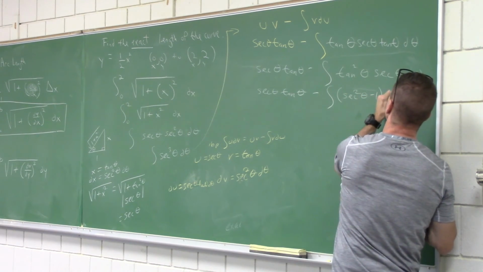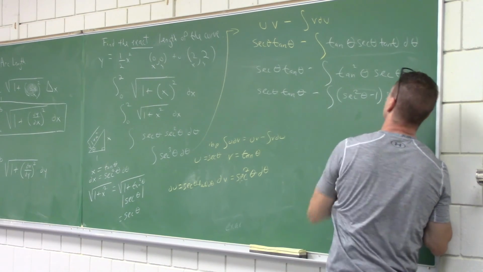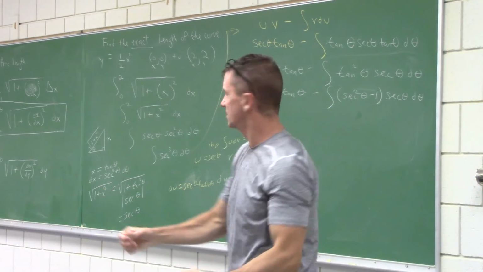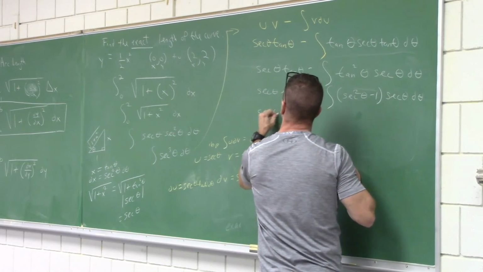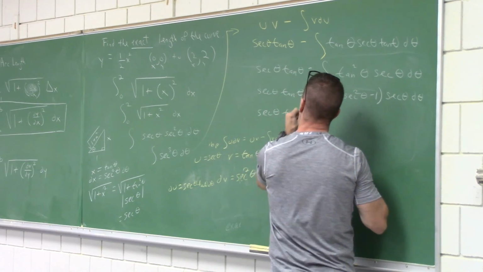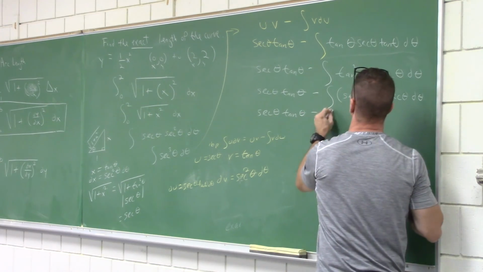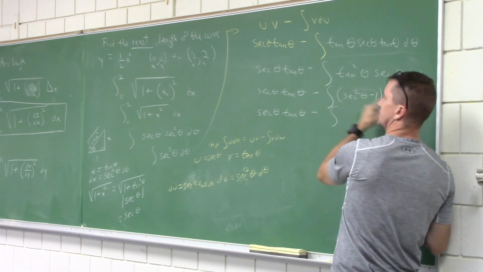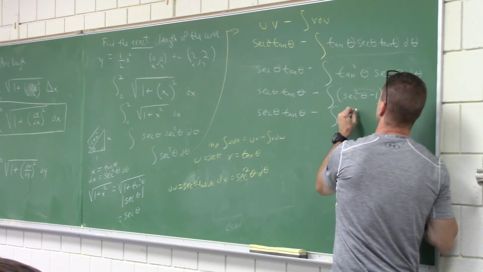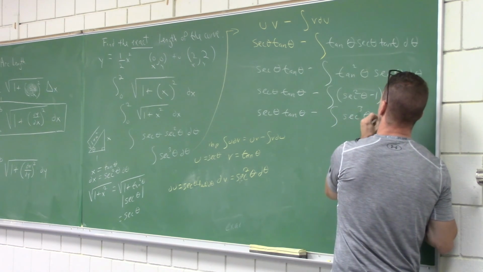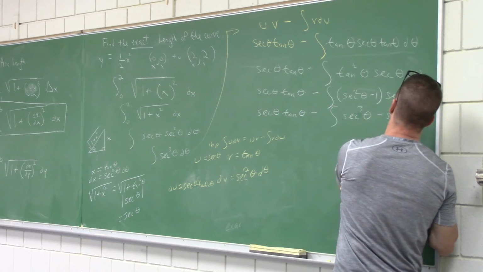That should do it. What if I distribute that? We get the integral of secant cubed theta minus secant theta.